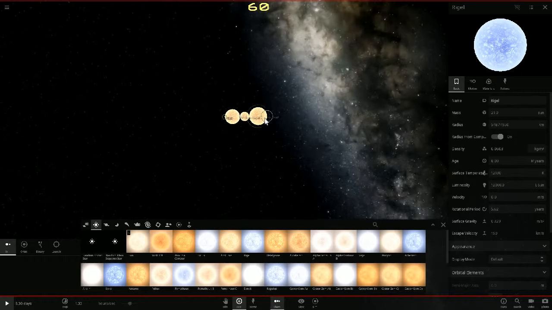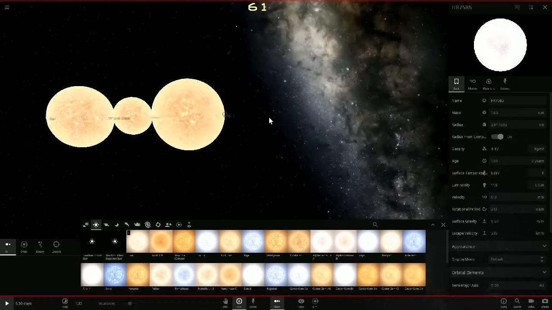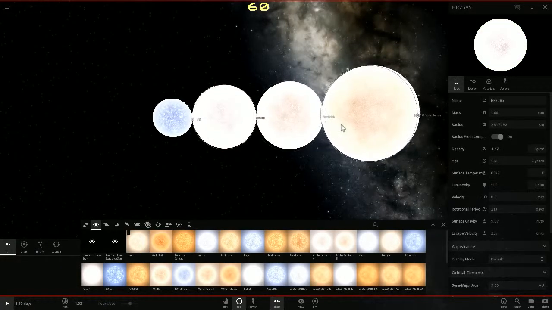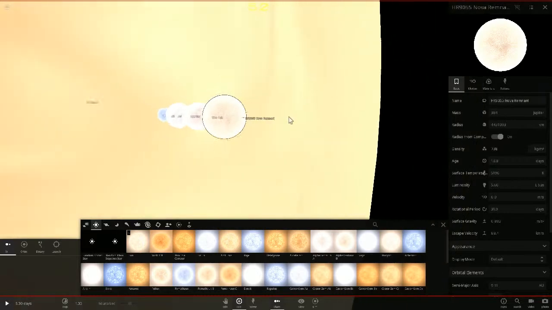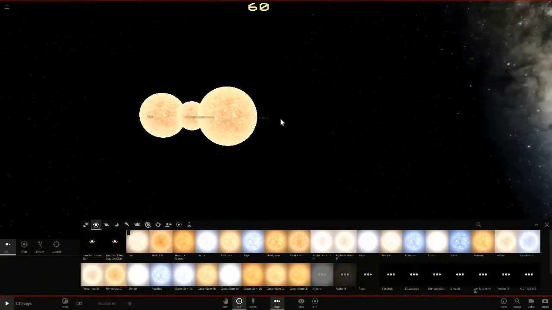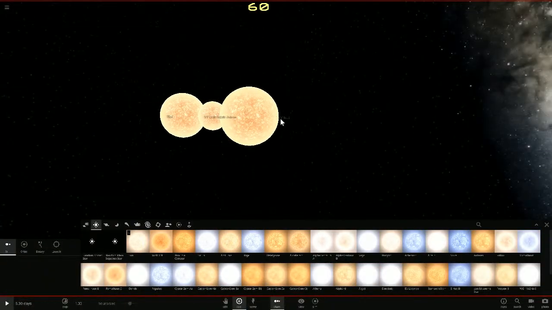So when you look at a star size comparison video, and you see that Phoebe Canis Majoris is bigger than Rigel, but that's its size, not its mass.